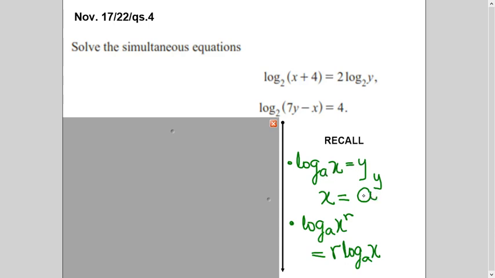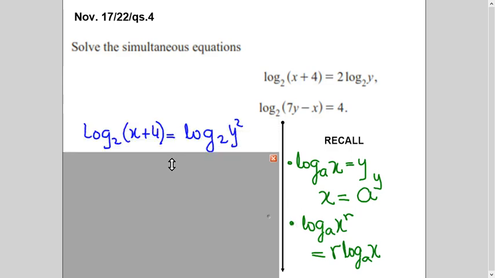You must know how to change log form into index form. And log of x power r base a equals r multiplied by log of x base a, so the power goes in front as a multiplier. Remember these two rules.